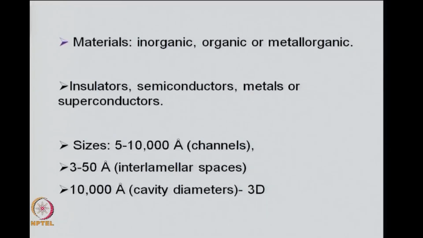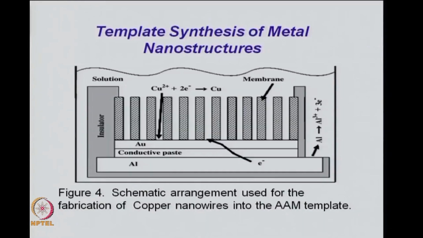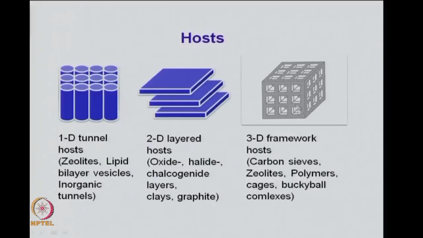Very large, like micron sized nanostructures are possible in channels, but normally in the interlamellar spaces or 2D structures it is difficult to make very large layers of 2D structures. In the cavity diameters, there are 3D structures where you have cavities like this.